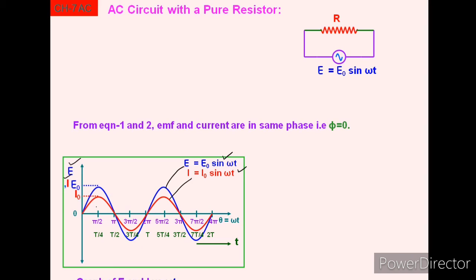And what do you observe in the graph? Look, at phase pi by 2, so in place of omega t when we put pi by 2, then E will achieve the maximum value. And you can see that at the same moment, when the phase is equal to pi by 2 or time is equal to T by 4, the current will also achieve the maximum value.